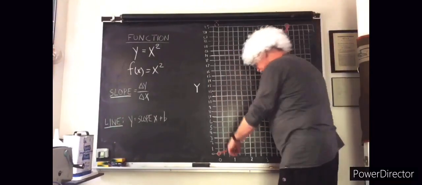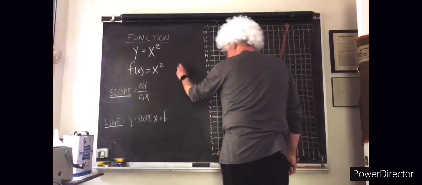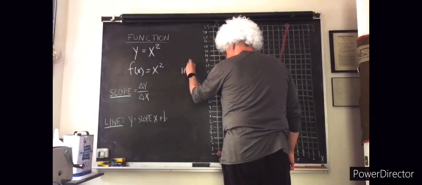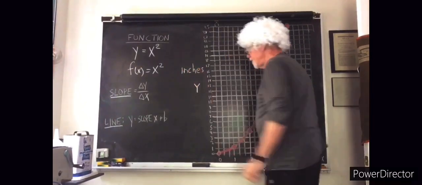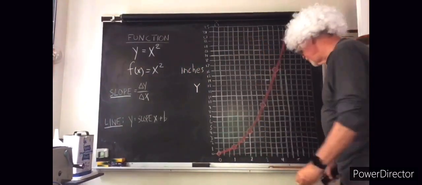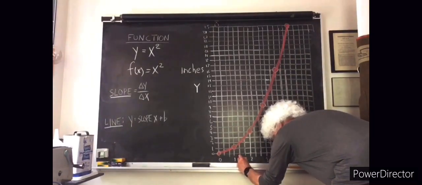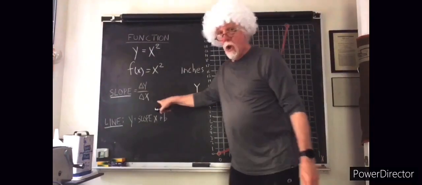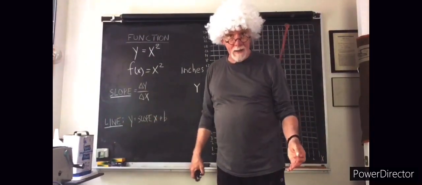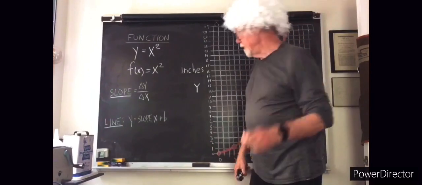So let's give our axes units. The y-axis is in inches, and the x-axis is in seconds. That means that our slope is going to have, you guessed it, units.